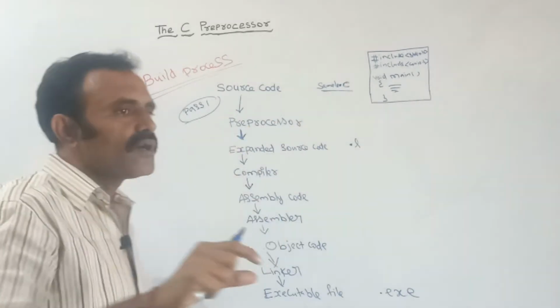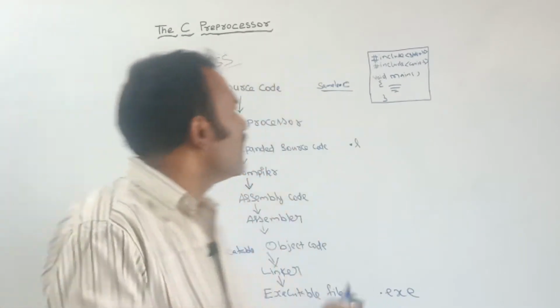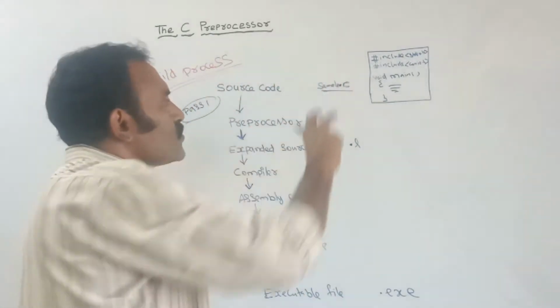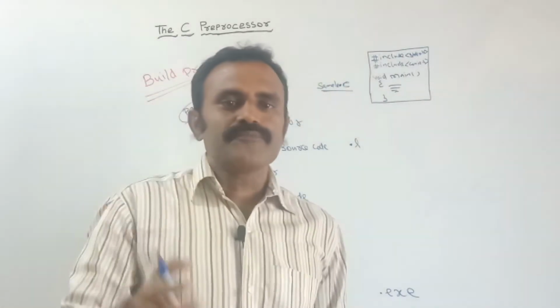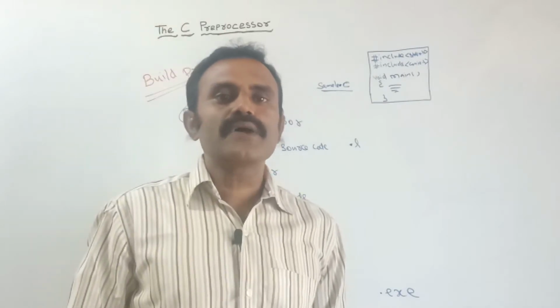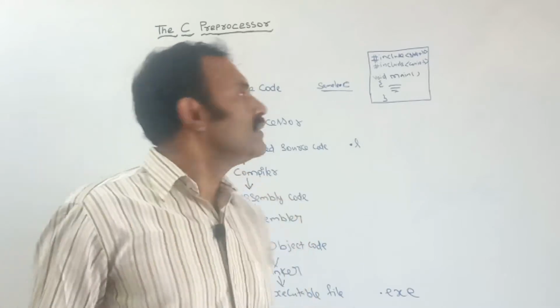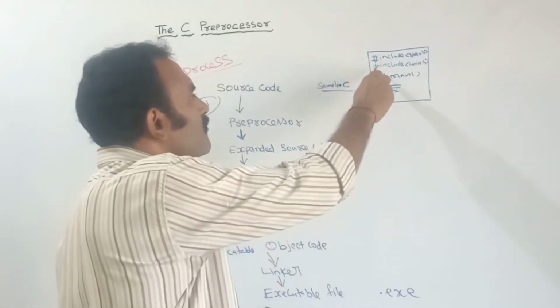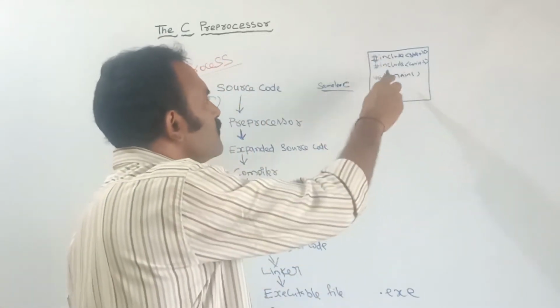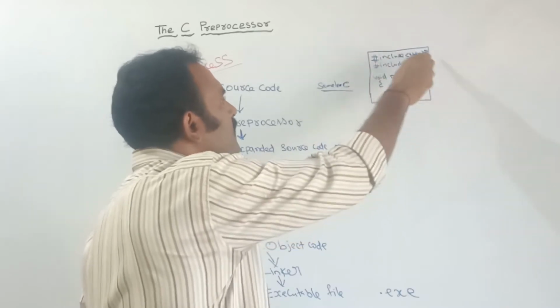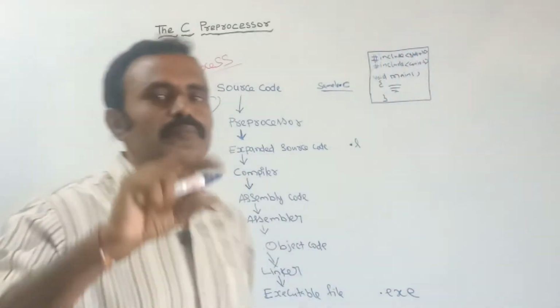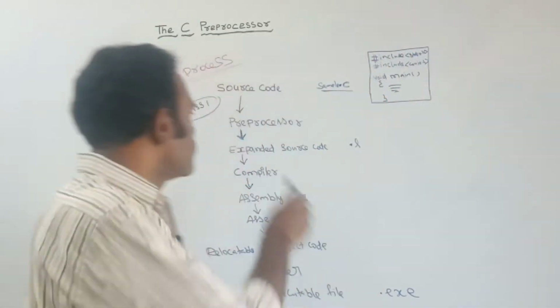See, the role of the preprocessor is, after getting this source code, it will check what are the preprocessor directives which start with the hash symbol. Suppose if a program line starts with the hash symbol, this line will be processed by the preprocessor.